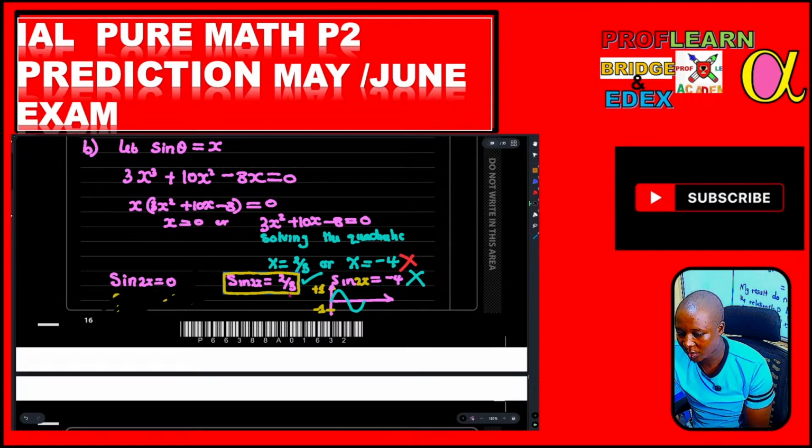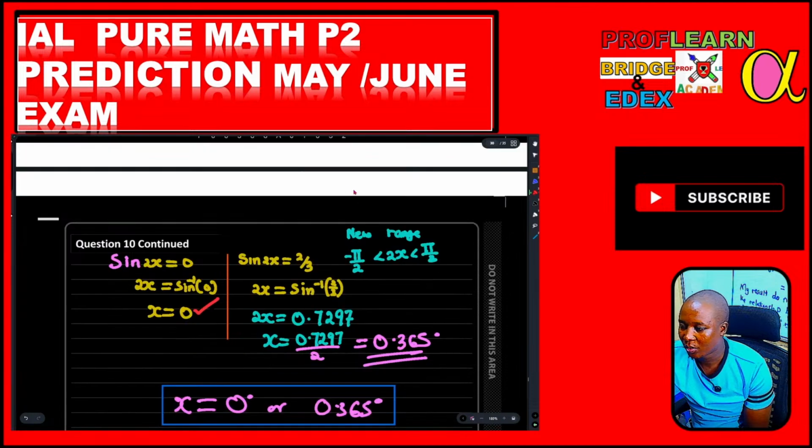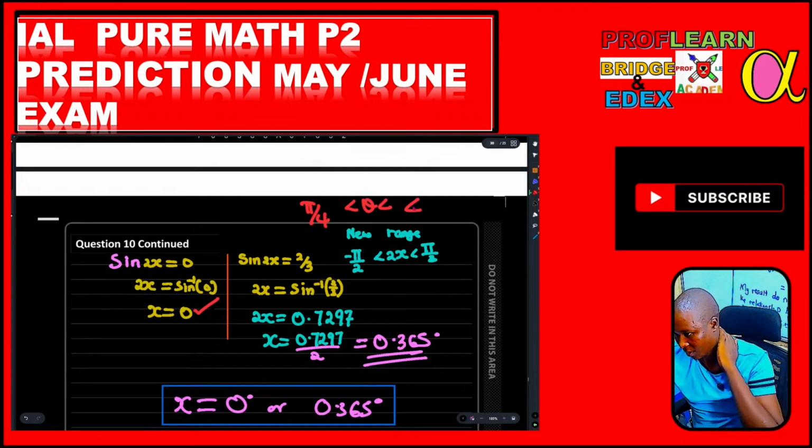In order to solve that, we can find the sine inverse of that, and then our x in this case will be equivalent to 0. And for the second case, we are going to have sine 2x is equal to 2 over 3. But now, since the range was given, remember the range that was given was negative pi over 4 to pi over 4.